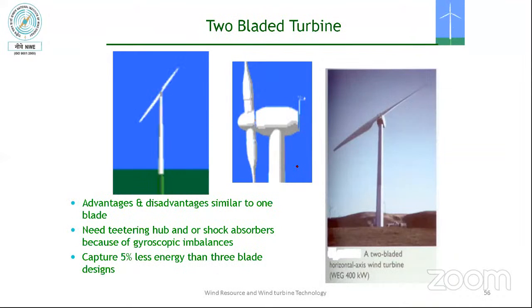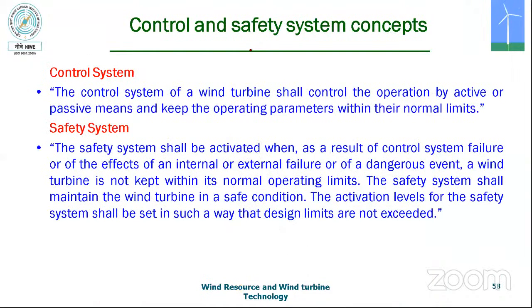And with two-bladed turbines, the advantage is that you can reduce one blade. But in order to reduce one blade, we have to add an additional mechanism called teetering, which lets the blades move back and forth. This mechanism should be there so that we can reduce the load. And mostly we use the three-bladed turbine.